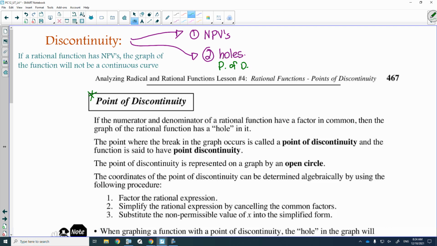So if you see a question that says, what are the points of discontinuity? They're asking you, what are the holes in the graph? So for NPVs, you have to remember, when numerator and denominator are factored, there are no common factors. Holes in your graph come from common factors.